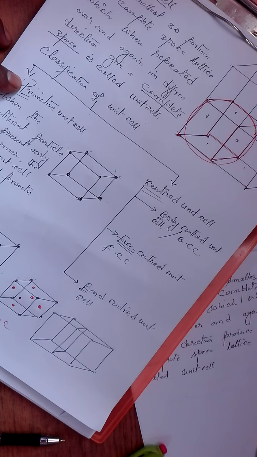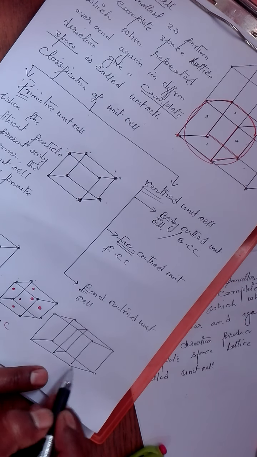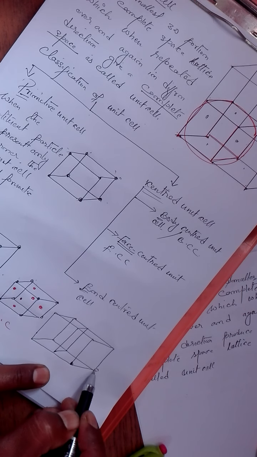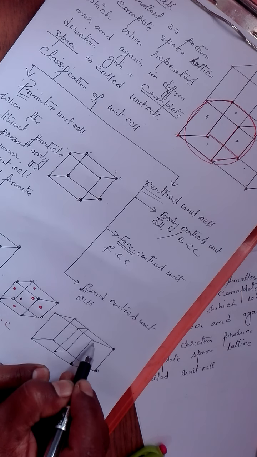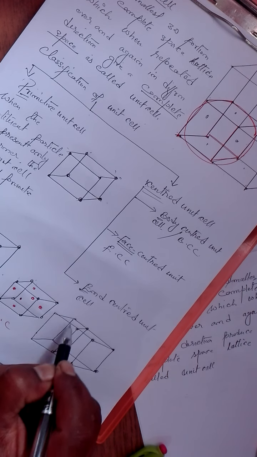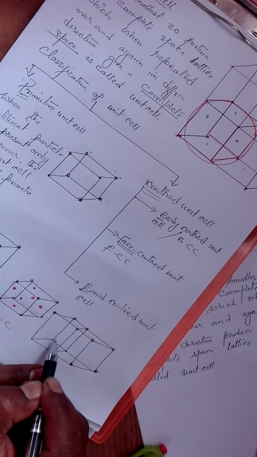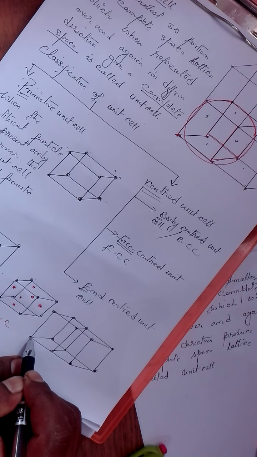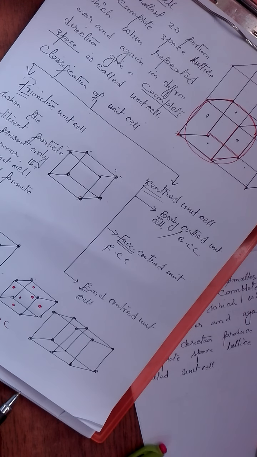The total number of constituent particles here will be how much? 1, 2, 3, 4, 5, 6, 7, 8, 9, 10, 11, 12. There are 12 constituent particles, isn't it?